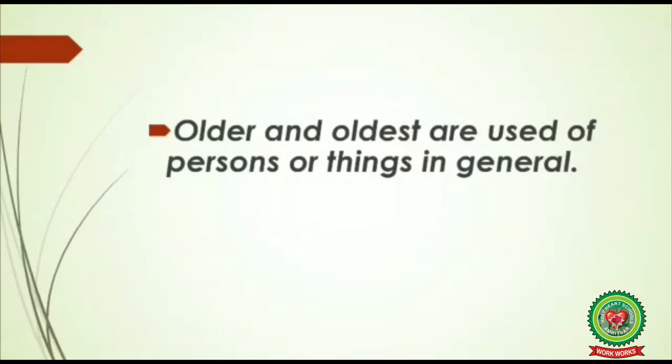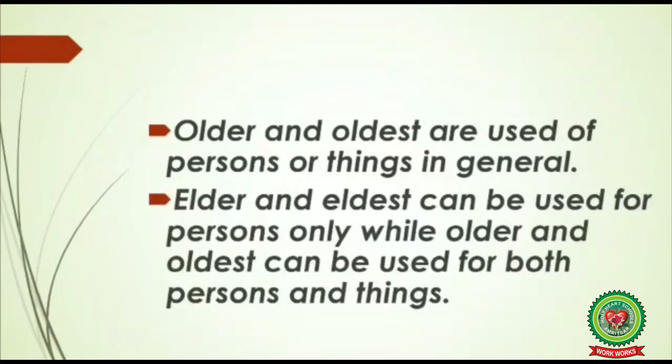Older and oldest are used of persons or things in general. Elder and eldest can be used for the person only, while older and oldest can be used for both persons and things.